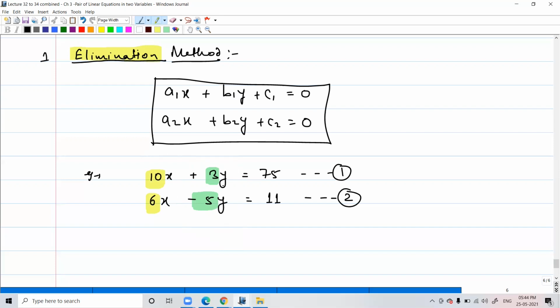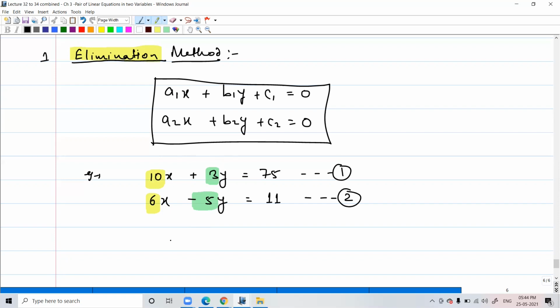When I want to eliminate y, we are going to do it by adding equations 1 and 2 or subtracting them. If we want to add or subtract to eliminate, we want to have the same coefficient for both of them. Right now here it is 3 and here it is 5. Even if I add or subtract, y will not get eliminated, right?